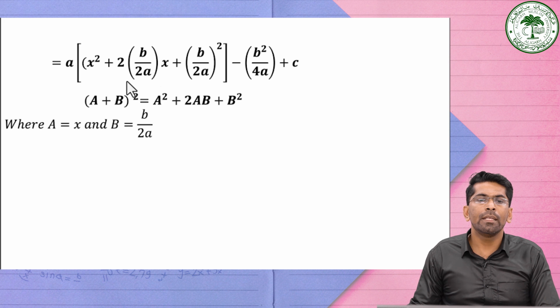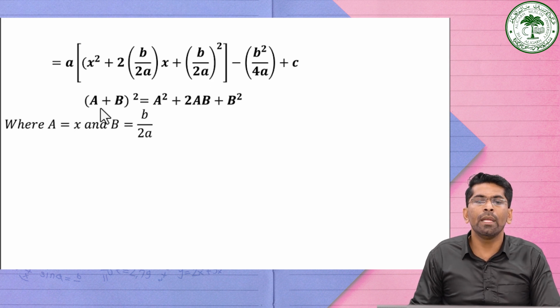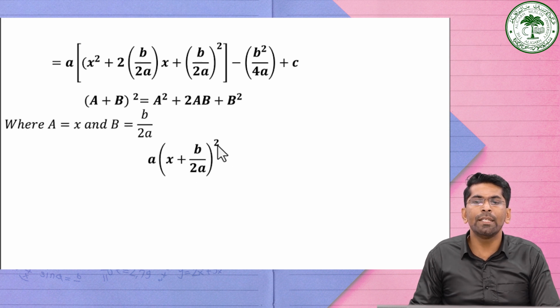Then a square is x square, plus 2 into ab, that is b by 2a into x, then b square, that is b by 2a whole square. So it is completely equivalent to a plus b whole square. So I can write this term as a into x plus b by 2a whole square. This is a complete square term. We have simplified this particular factor.